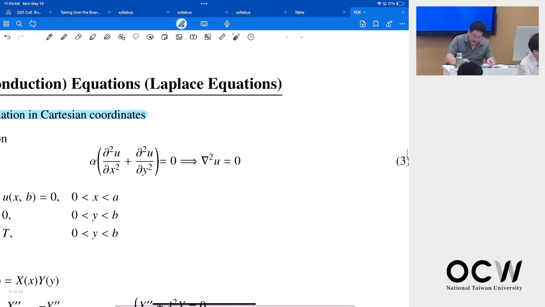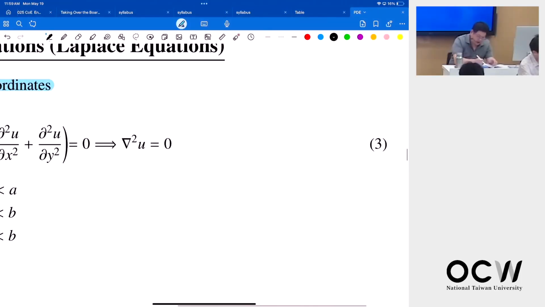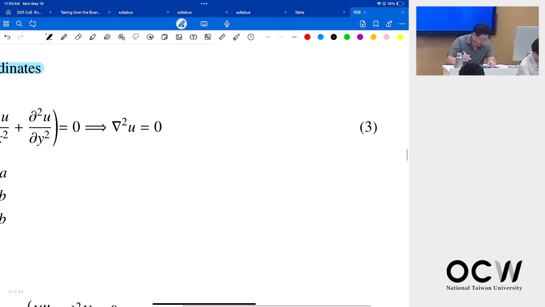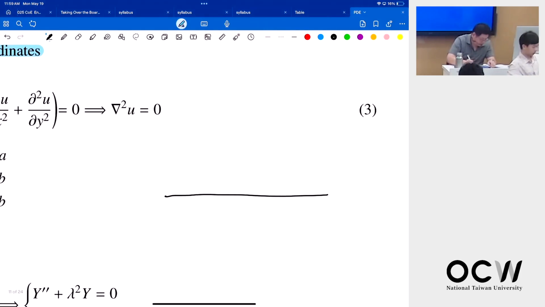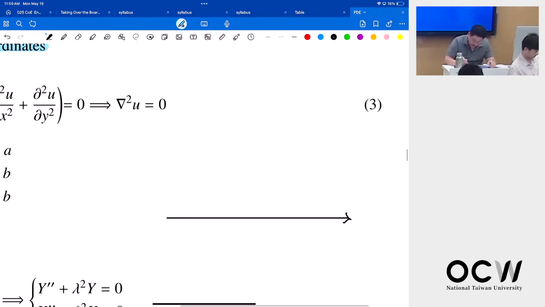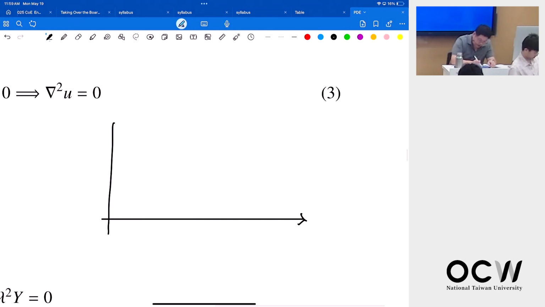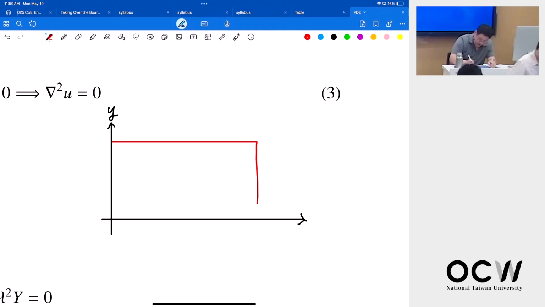So if we can plot a plate here, I have a boundary. This is b, this is a, this is x.